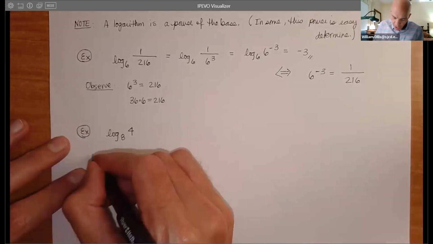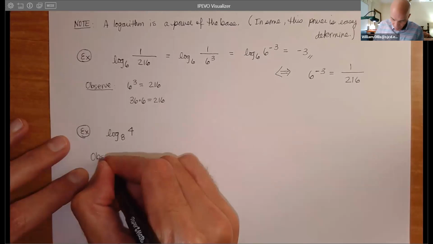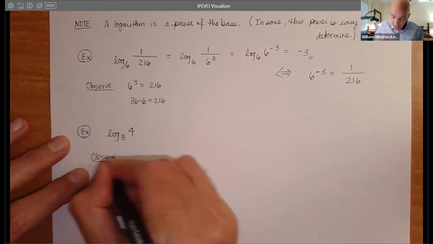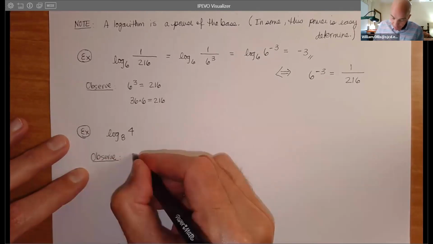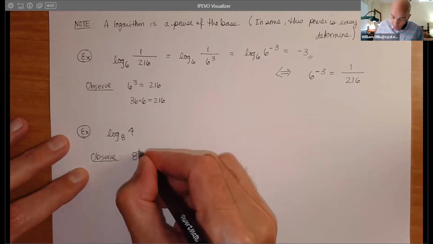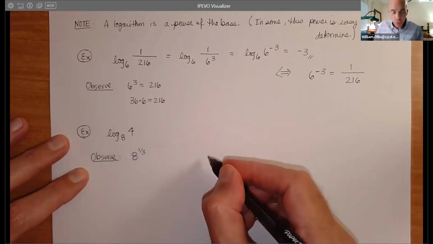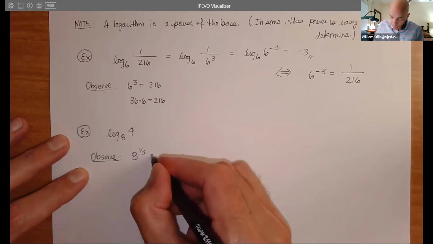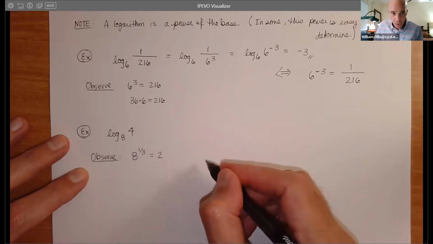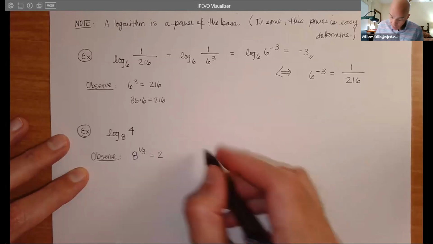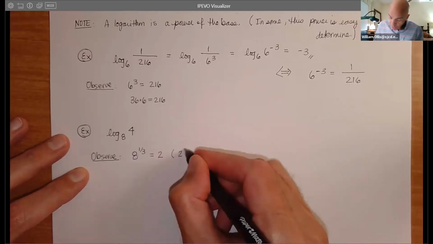Just first, let's observe that the 1/3 power, that is the cube root of 8, is equal to 2, because we know 2 times 2 times 2 equals 8. That is 2 to the third equals 8.